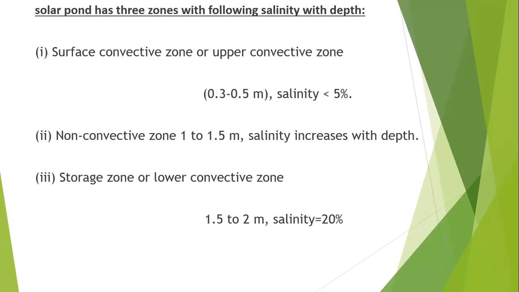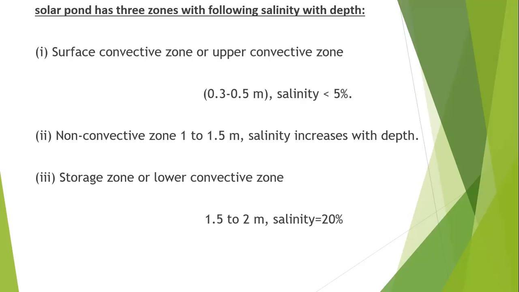The second zone is the non-convective zone, down to a depth of 1.5 meters. As we go to the bottom, salinity increases. And the third is the storage zone or lower convective zone.